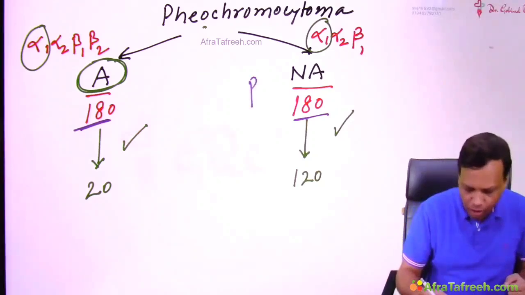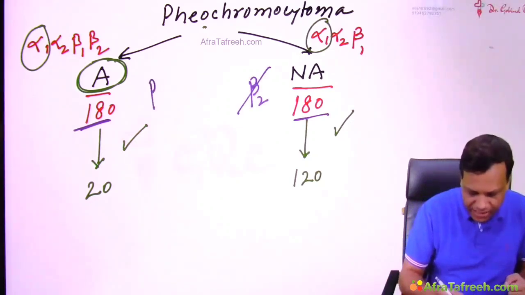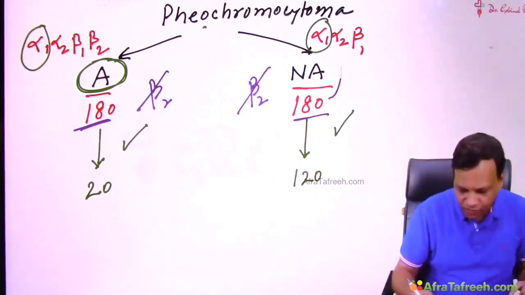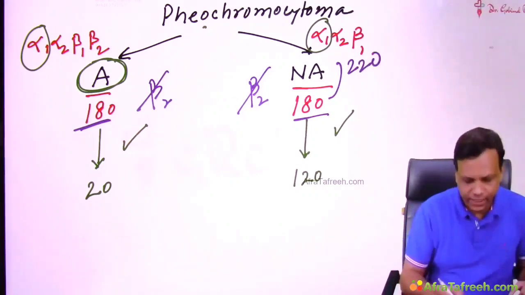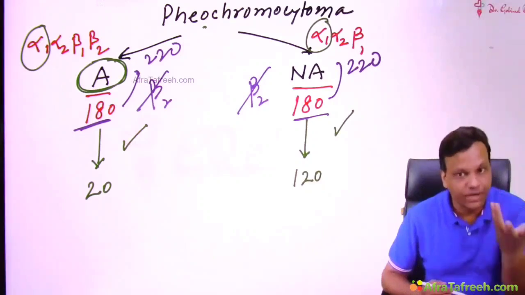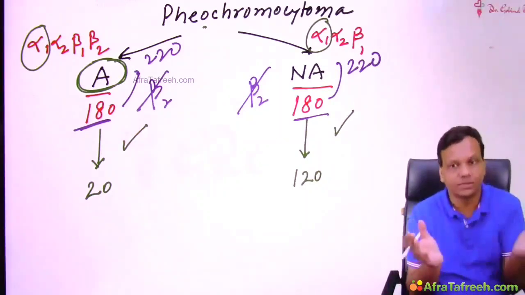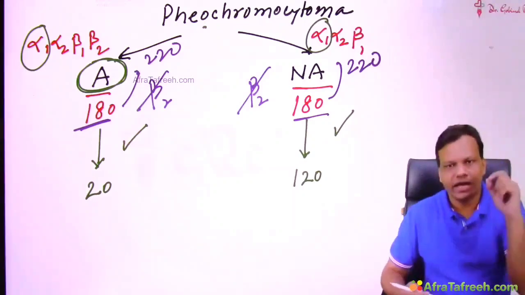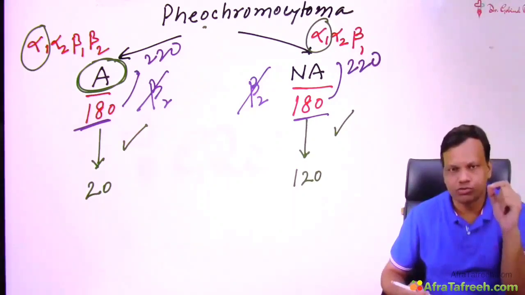So if we block beta 2, that extra vasodilation is stopped, and the blood pressure from 180 will become 220, and the person can develop cerebral hemorrhage. The blood vessels in the brain may rupture. So a beta blocker alone is contraindicated in every patient of pheochromocytoma.